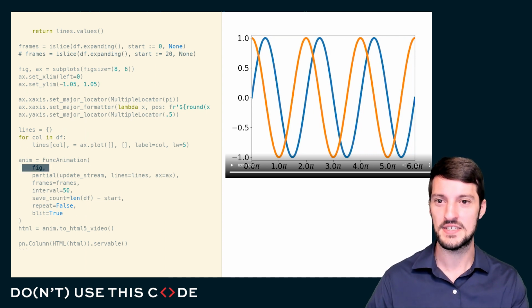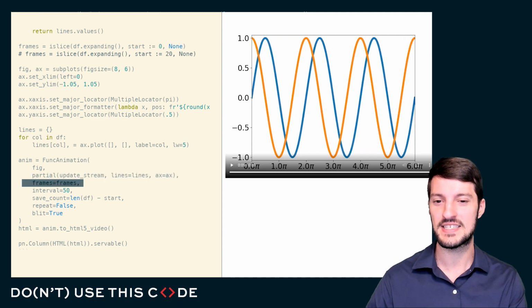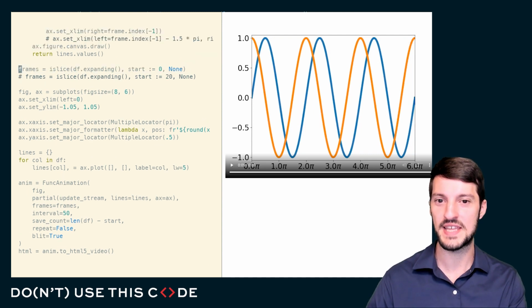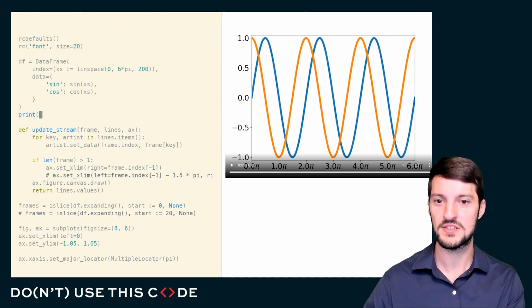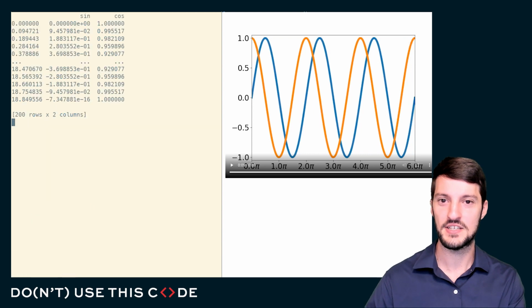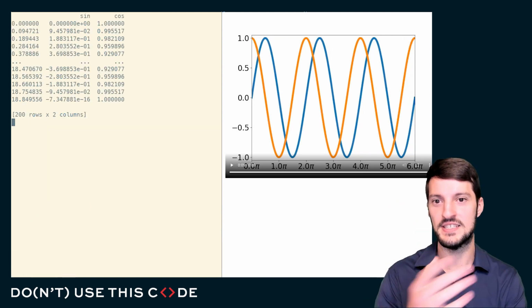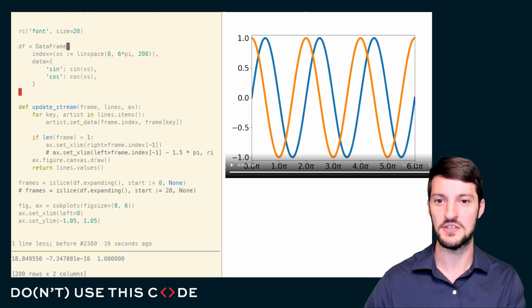And what this does is it takes a figure, it takes some function that goes on and updates the artists on that figure, and it takes some idea of frames. And you can see here that my frames is actually just my data frame, and I'll show you my data frame just very quickly so you can see what this looks like. This is, of course, just my sine and cosine functions, and my x index here are all of my multiples of pi, or all of my x values.